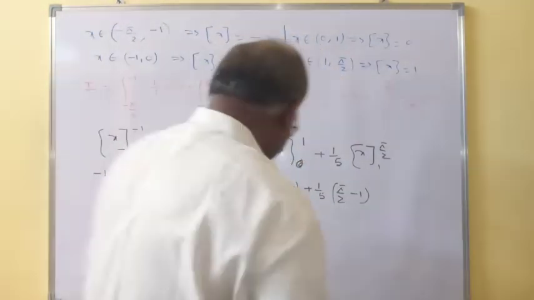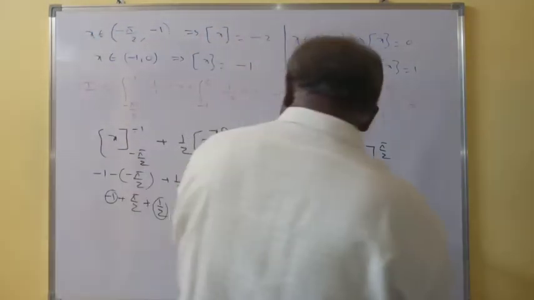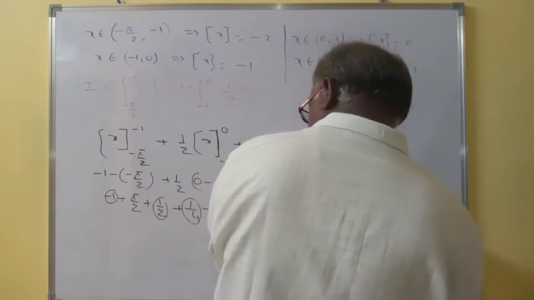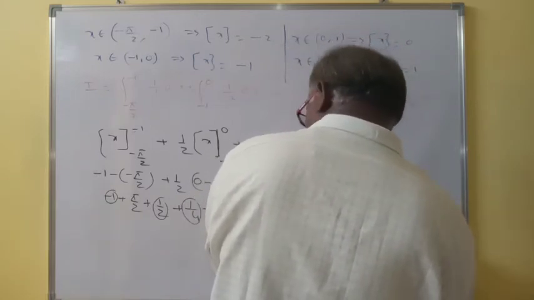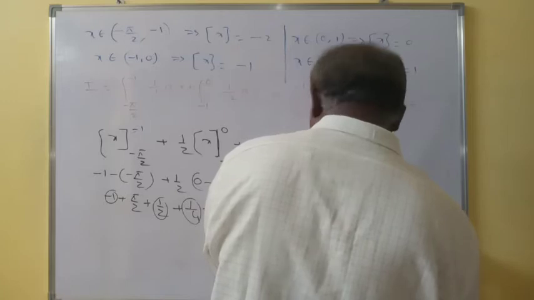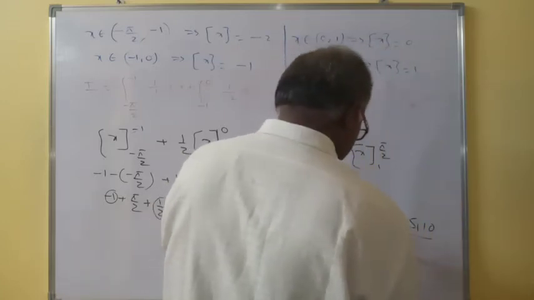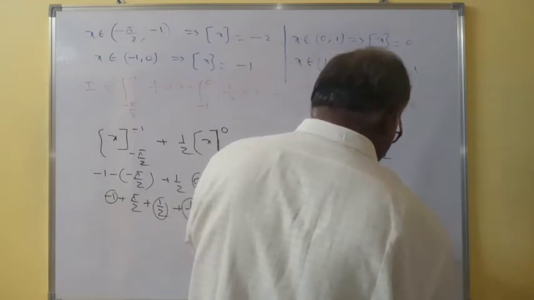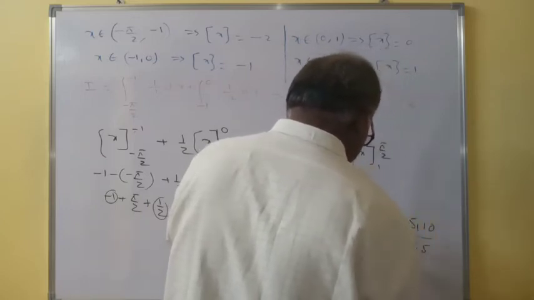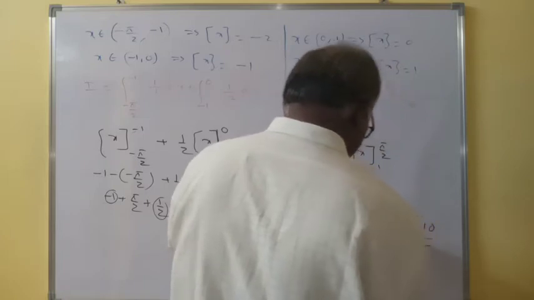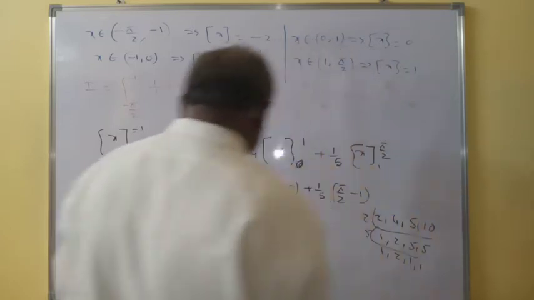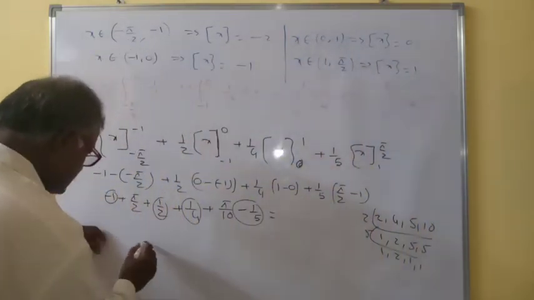So consider the LCM of 2, 4, 5, 10. Taking the LCM, 2 into 2, 5, gives 2 into 5, 10, and 10 into 2, 20. So the LCM is 20.